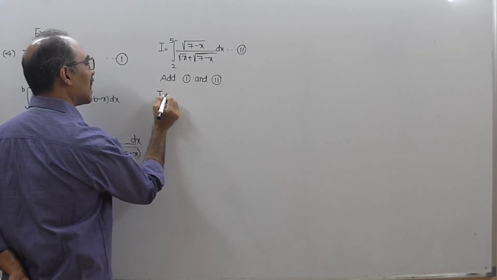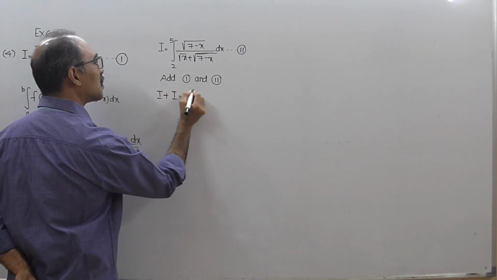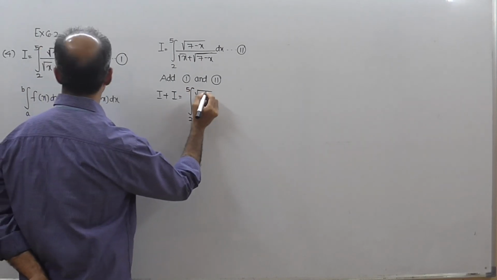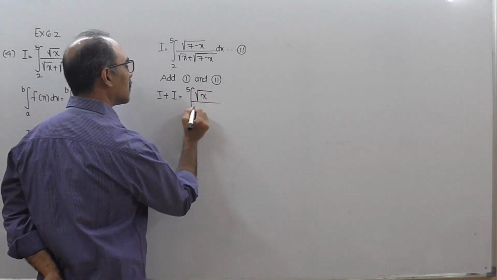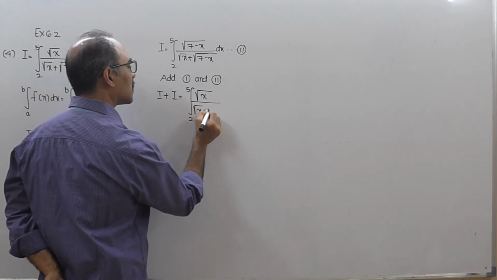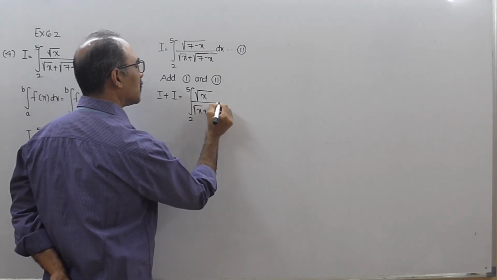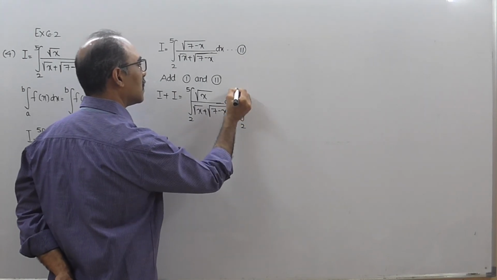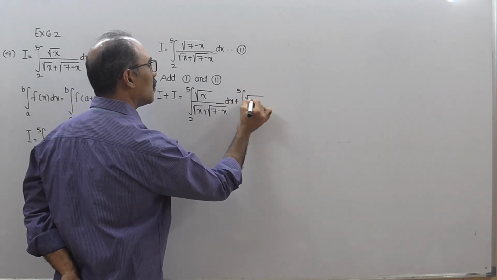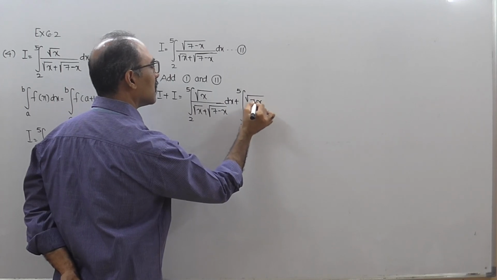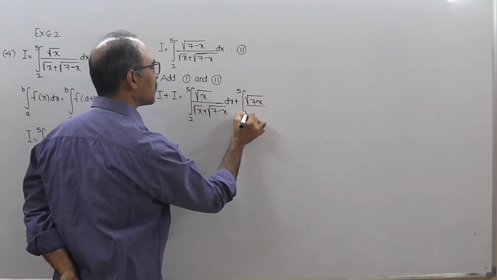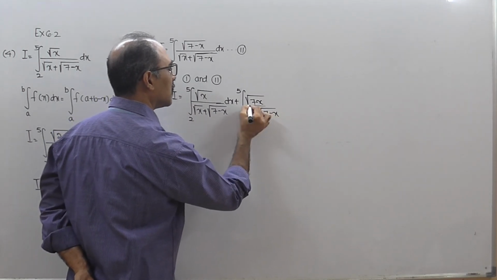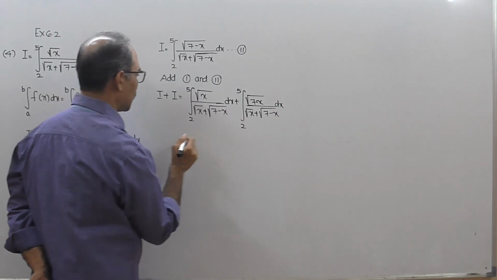Left का 1 is I, left का 2 is also I, and this is 2 to 5, root x upon root x plus root 7 minus x dx, plus 2 to 5 root 7 minus x upon root of x plus root of 7 minus x dx.